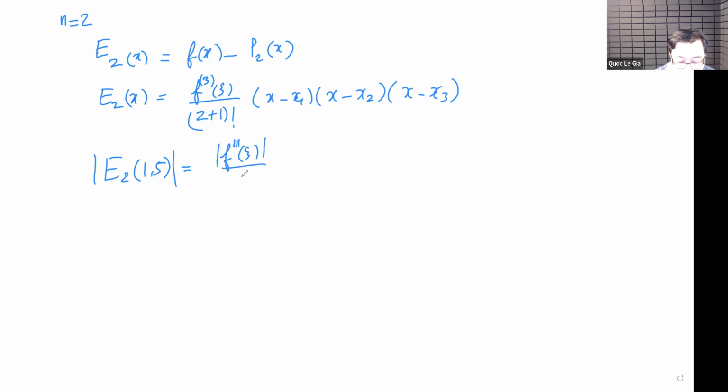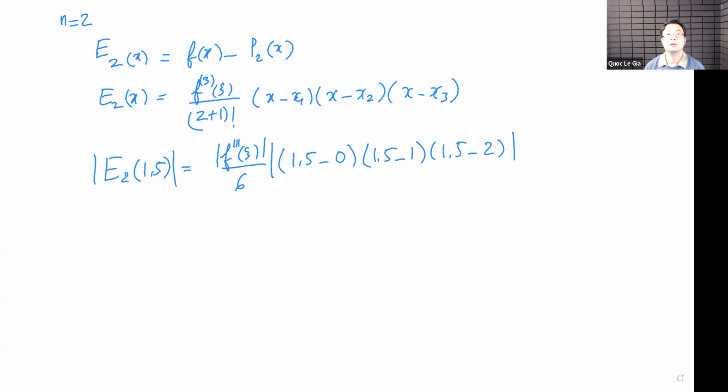Remember 3 factorial just equals 6. And then you have 1.5 minus x1, where x1 is just 0, and we take the absolute value of the whole thing. And then 1.5 minus x2 is just 1, and 1.5 minus x3 just equals 2.